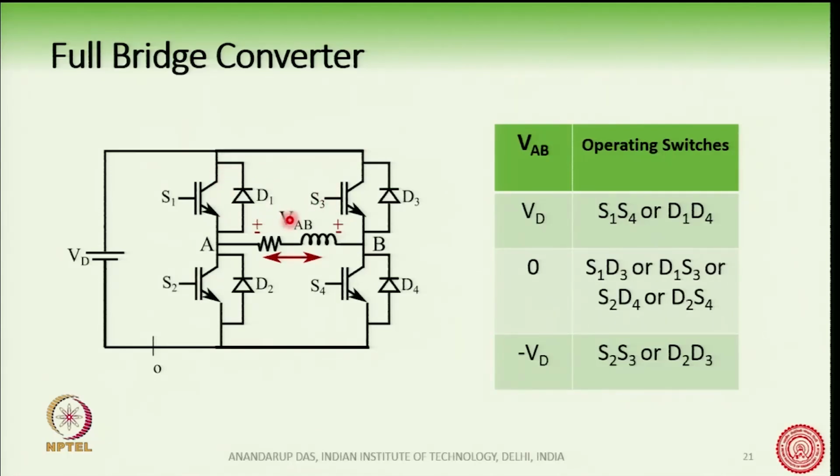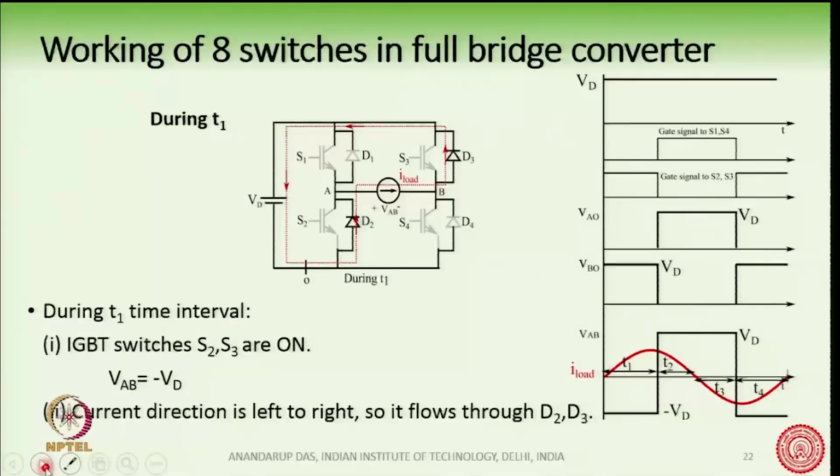Now, similar to half bridge, where we analyzed the operation of all the 2 diodes and 2 transistors, here also we can analyze the operation of all the 8 switches. I will not go into those details, but I will only analyze 1 or 2 of them.